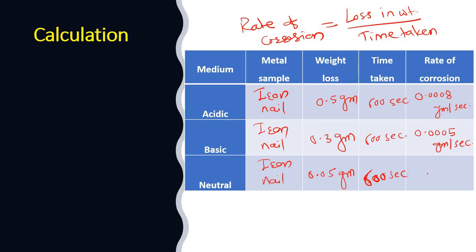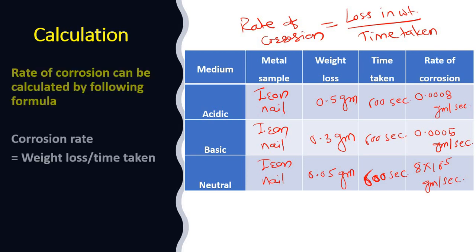For neutral, it is 8 multiplied by 10 raised to minus 5 gram per second. In this way, you can calculate the rate of corrosion for one of the factors, that is the medium of solution, which may be acidic, basic or neutral. These two calculations you may write as 8 multiplied by 10 raised to minus 4, and 5 multiplied by 10 raised to minus 4. So in this way you have calculated the rate of corrosion.